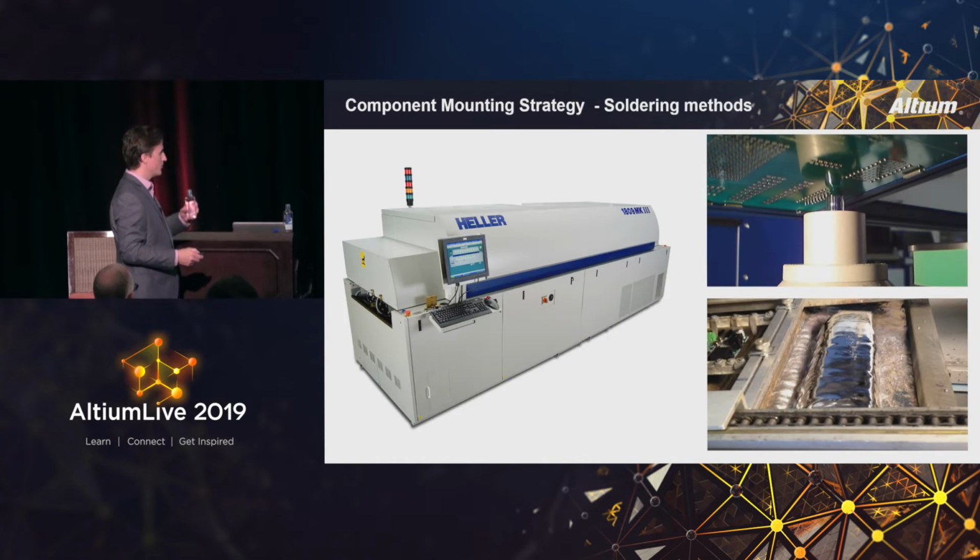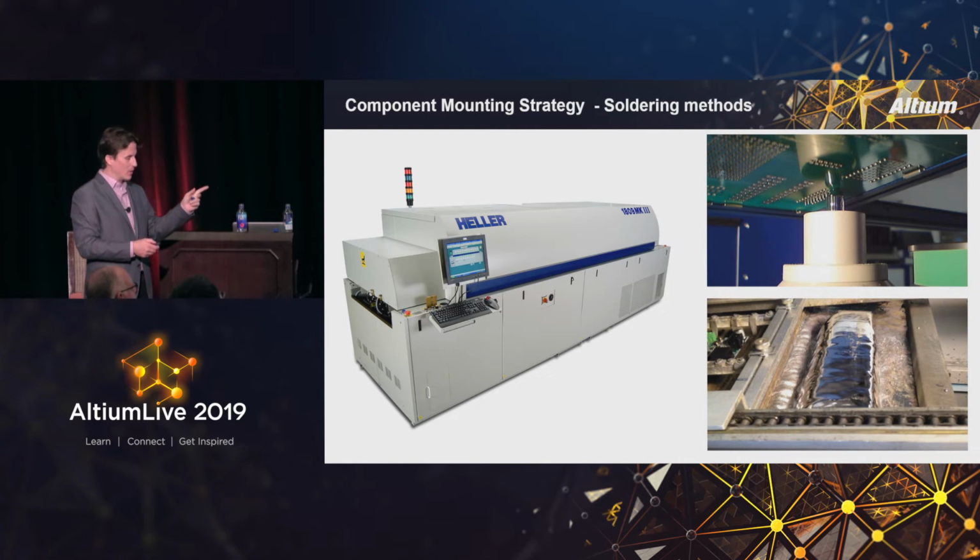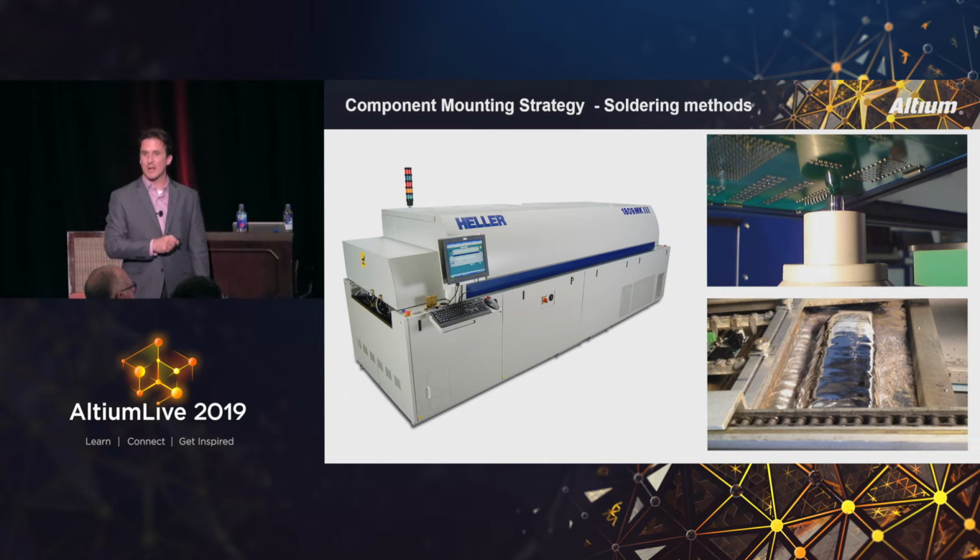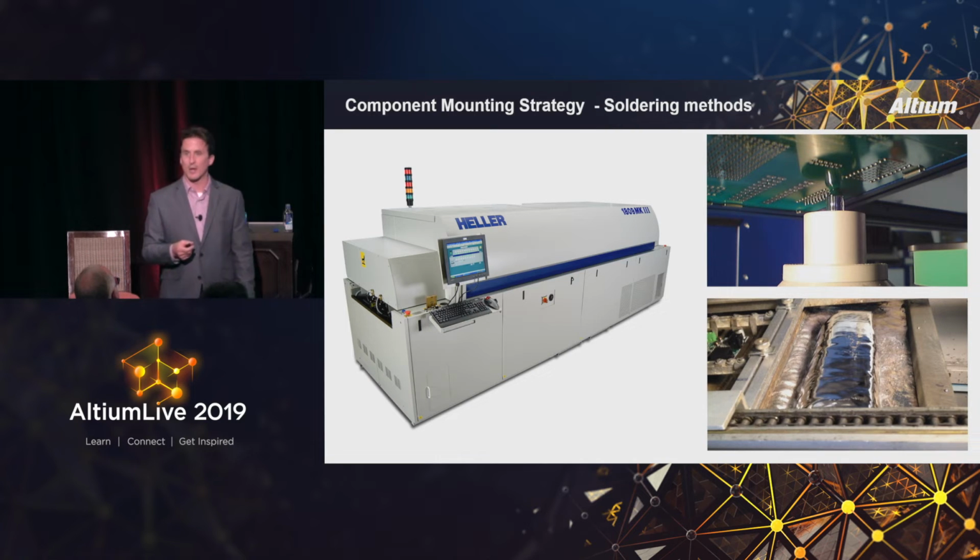Yeah, if you can go all surface mount and not have any through-holes, that's going to save a whole soldering operation. Because if I have all surface mount, I can stay with my reflow oven during assembly. But if I have through-hole parts, I'm either having to utilize wave soldering or selective soldering.